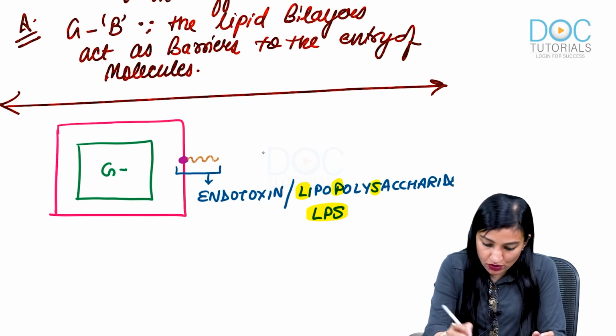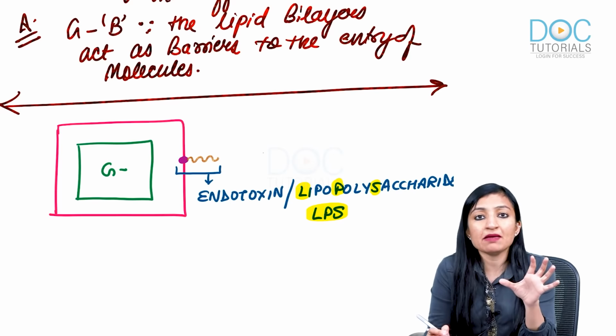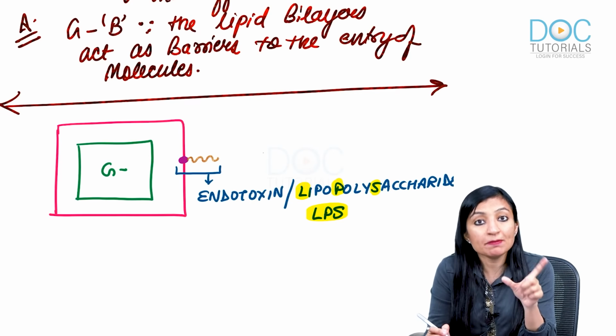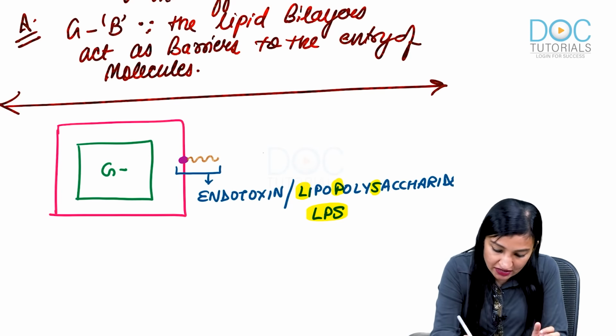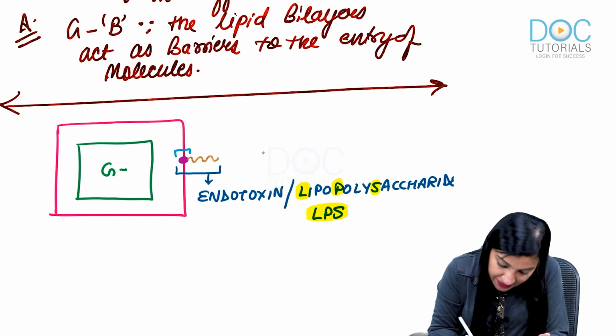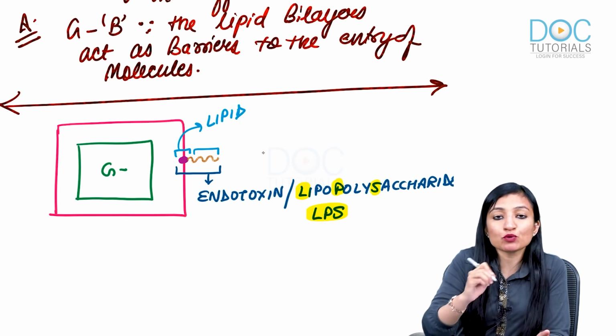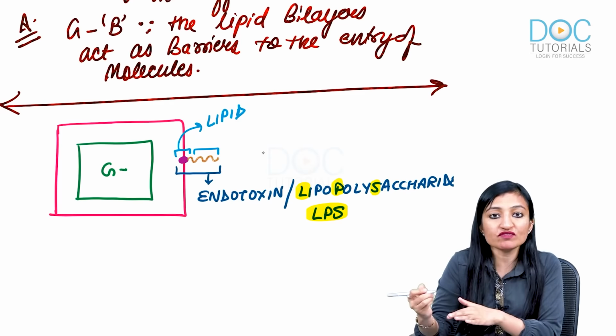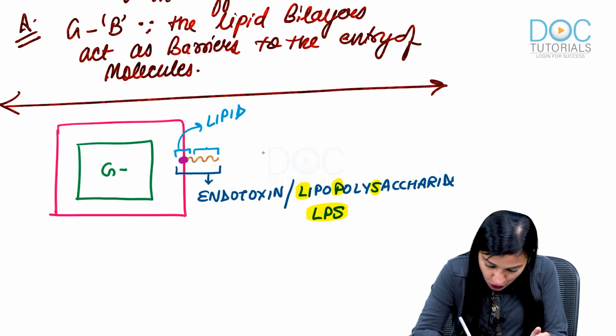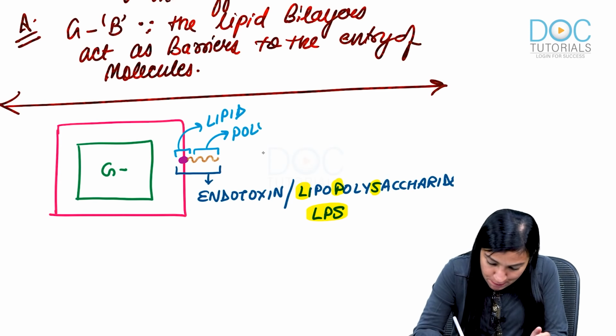As the name LPS implies, it's made up of a lipid part and a polysaccharide part. This part which is embedded in the outer membrane is the lipid part, and this part which is protruding or projecting out of the cell, which I have drawn in golden color, is the polysaccharide part.